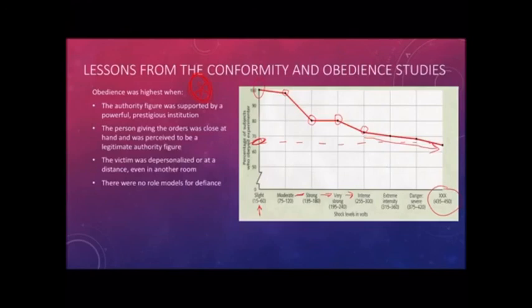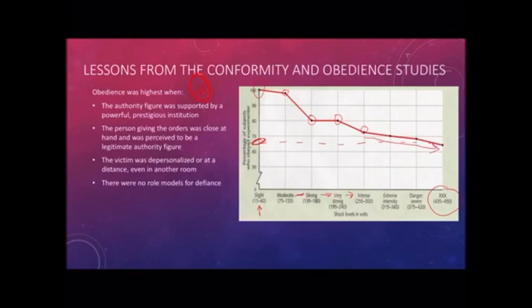Of course, it's still fake, but if the authority figure is close by, that increases obedience. And if the victim is far away. If we reverse those things and bring the victim close by and the authority figure farther away, obedience is less likely to occur. We're more likely to stop earlier and refuse to administer any more shocks.